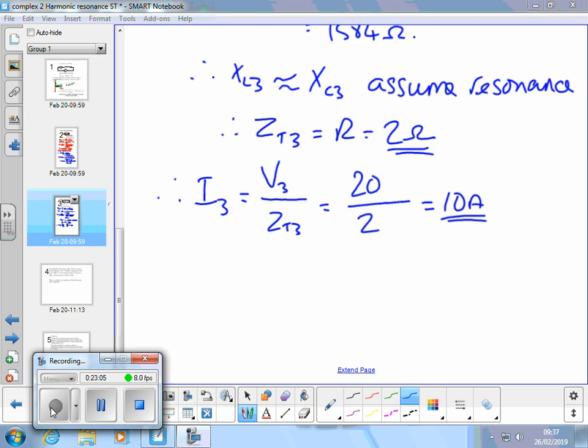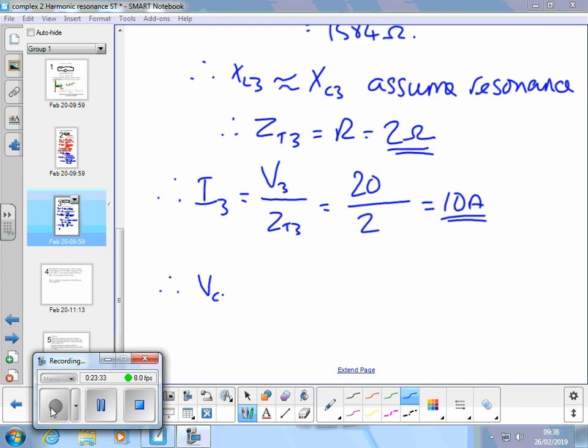Alright. So we'll look at the implications of that in a minute, but we're going up from 142 milliamps flowing due to the intended voltage. We've got 10 amps of third harmonic current flowing in the circuit. Okay, so we'll think about the implications of that in a minute.